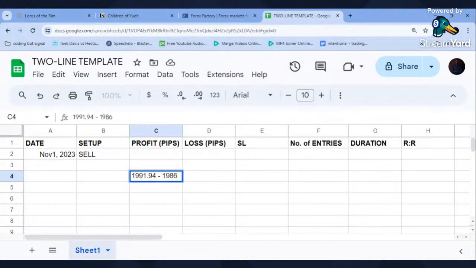So 1991 minus 1986 is what? That's the difference of 5. That's like 5.9. So let's just say 6 points. And you know, on gold, that is 60 pips. And that's 60 pips.